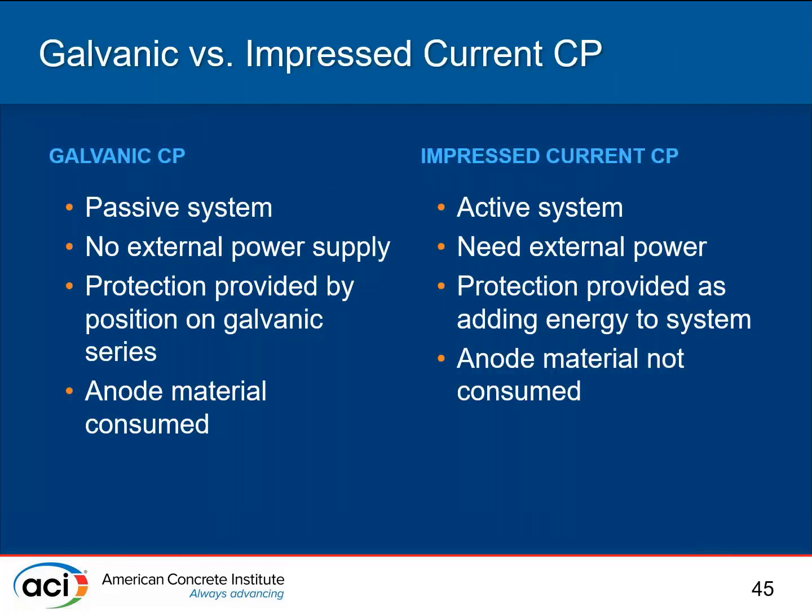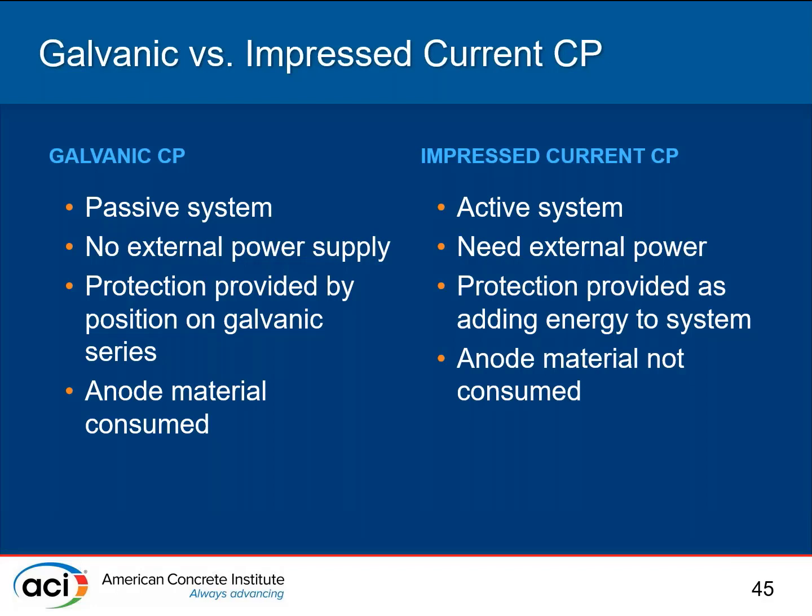As I said, there's two main categories: what's often referred to as galvanic cathodic protection system, and impressed current cathodic protection system. This isn't a course on CP. People could do hours on this. I'm just going to hit the highlights of the differences so you can appreciate what's going on.